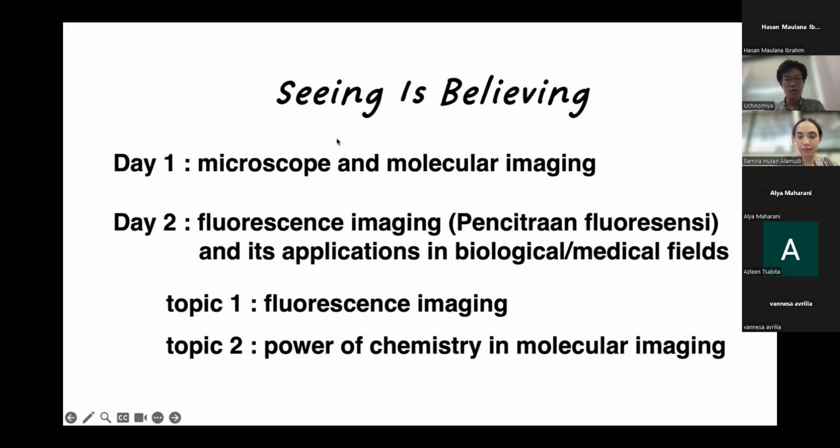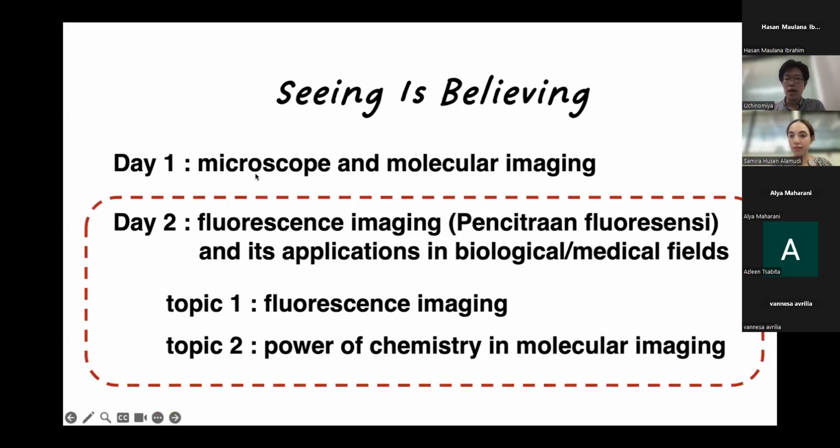So now you understand why it is important to know the small world and how humans have known the small world by development of microscopes. And I also talked about the molecular imaging technique for selectively detecting our target in the small world. So today, I'm going to talk about fluorescence imaging and its application in biological and medical research fields.